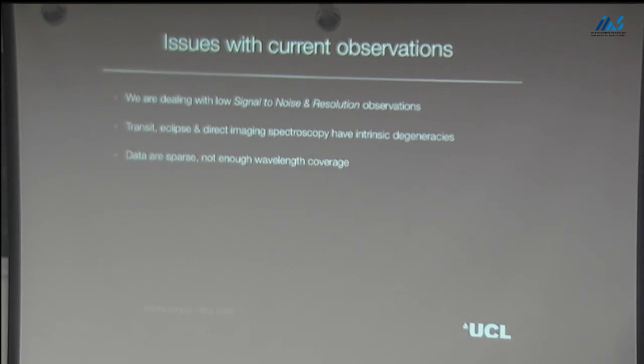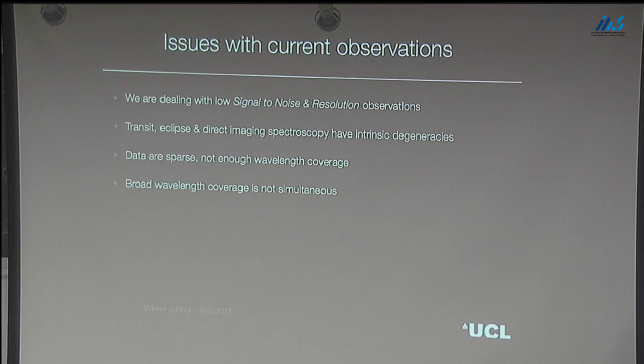Data are sparse, and we don't have enough wavelength coverage, so when we try to retrieve the information it is difficult. When we have wide wavelength coverage, and I showed you a couple of examples where we can cover more or less the entire spectrum, although in a sparse way, the observations usually are not simultaneous, and again the danger there is that the instrument might not behave the same way.